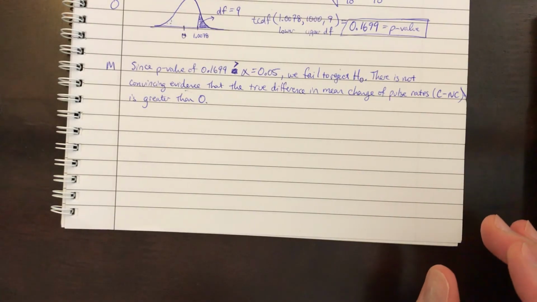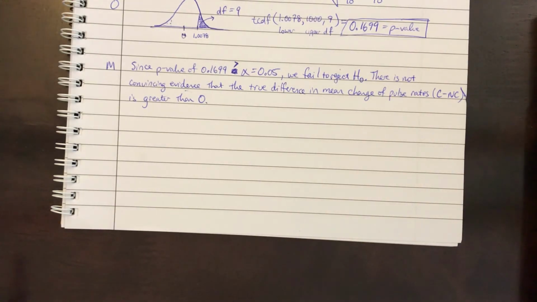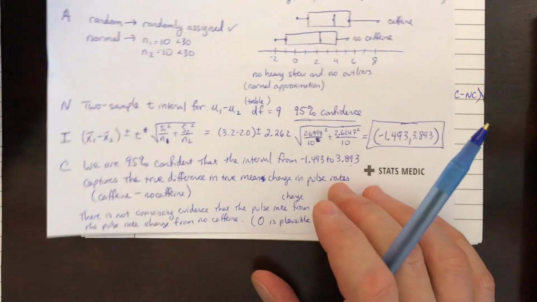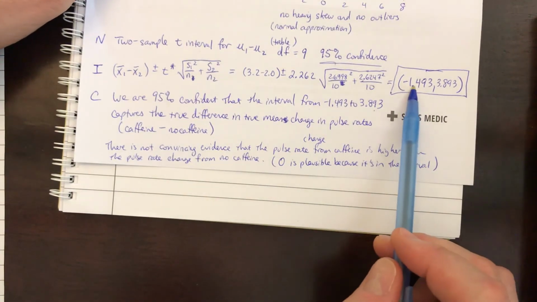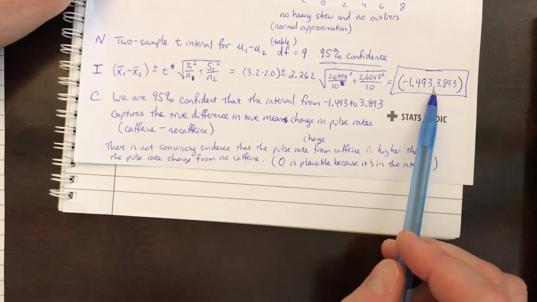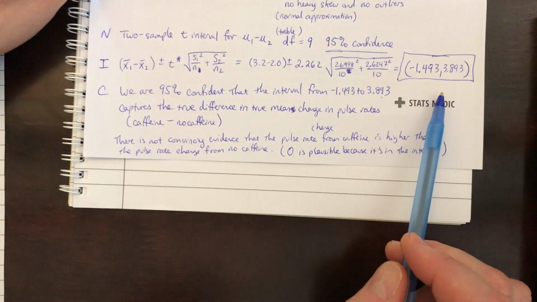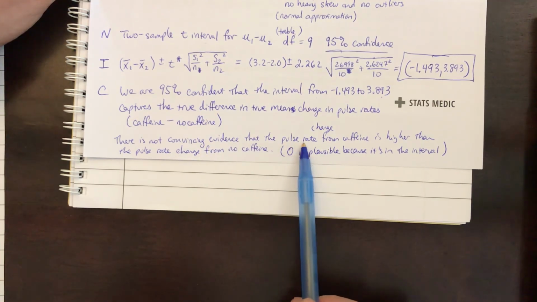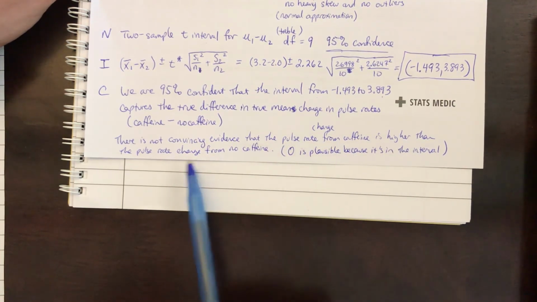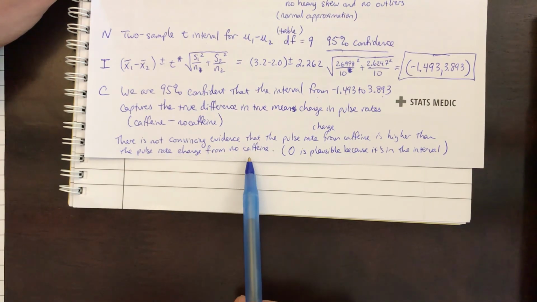Last thing to comment on is that in the previous video, we had done the confidence interval. With the confidence interval, since we had from negative to positive, 0 was a plausible value, we would have to say there's not convincing evidence that the true pulse rate change from caffeine is higher than the pulse rate change from no caffeine.